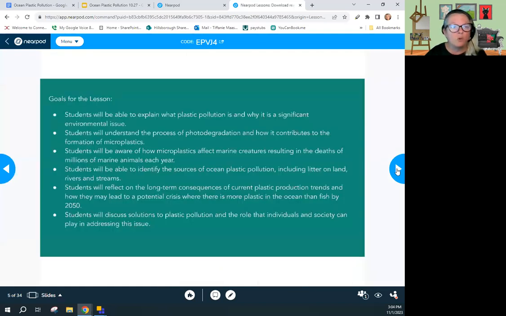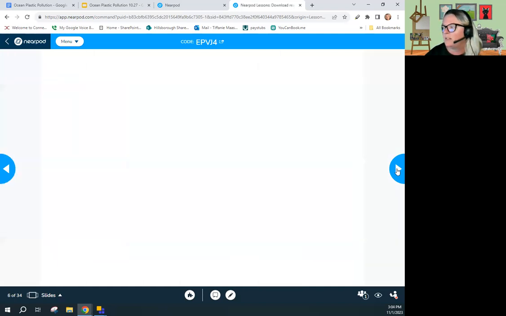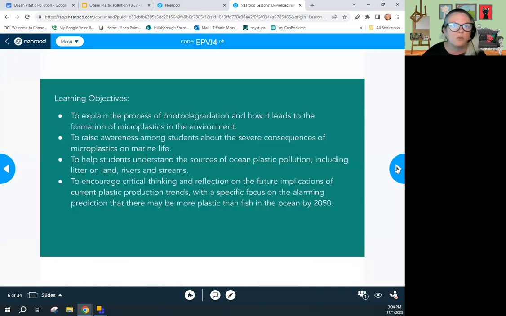And then we have our goals for today's lesson, but they tie right into our lesson objectives. This is something that you're more familiar with, our lesson objectives or learning objectives, as it states here. There are 4 for our lesson. So we're going to explain the process of photo degradation and how it leads to the formation of microplastics in our environment. We're going to raise awareness among students about the severe consequences of microplastics on marine life.